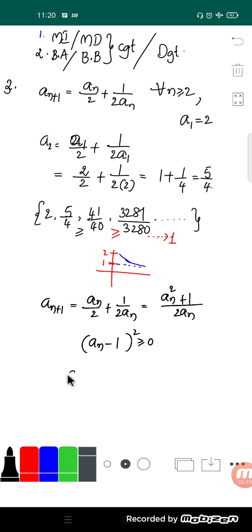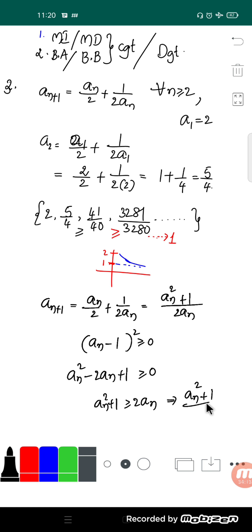If you square it, an square minus 2an plus 1 is always greater than or equal to 0. So an square plus 1 is always greater than or equal to 2an. If we divide this entire inequality by 2an, an square plus 1 by 2an is always greater than or equal to 1.